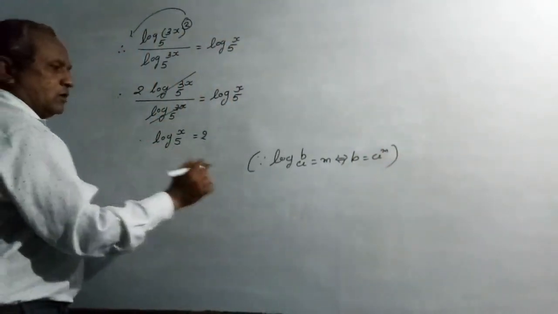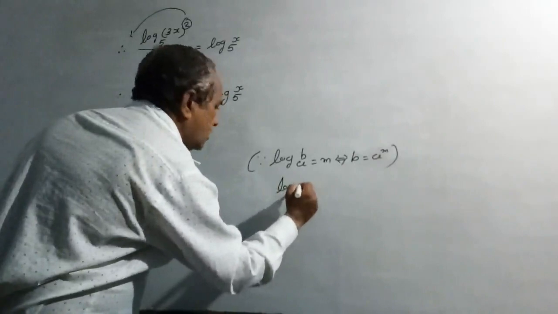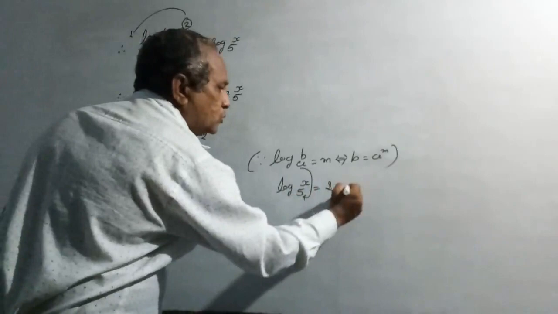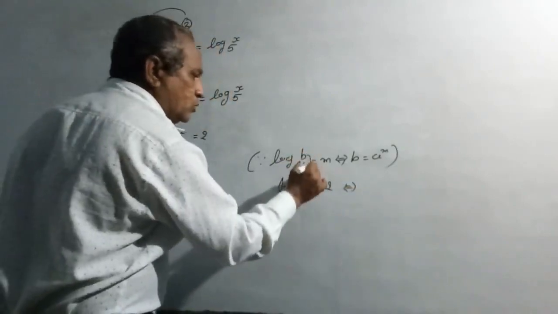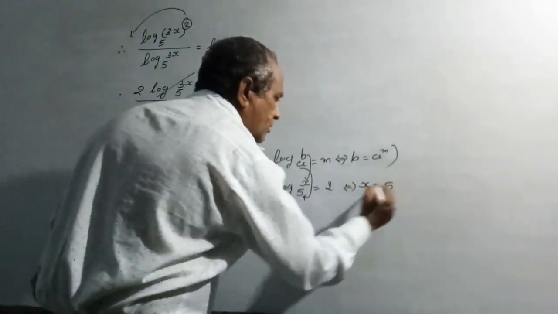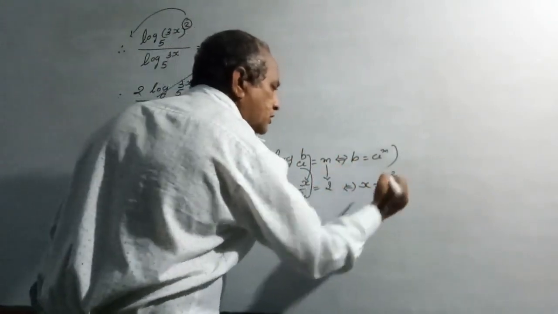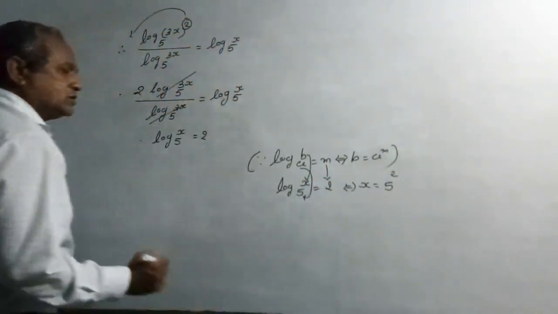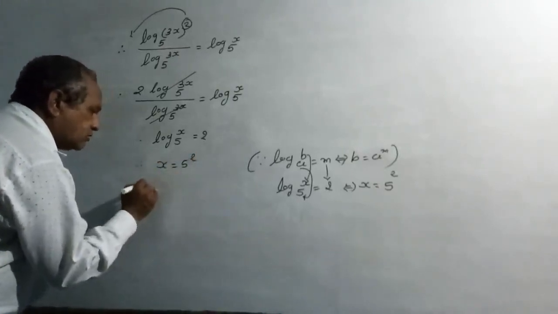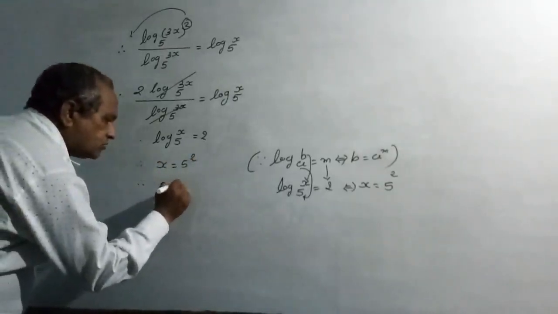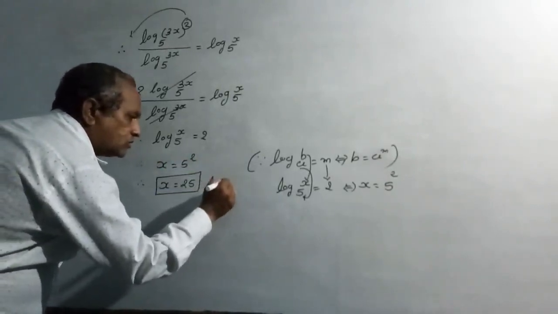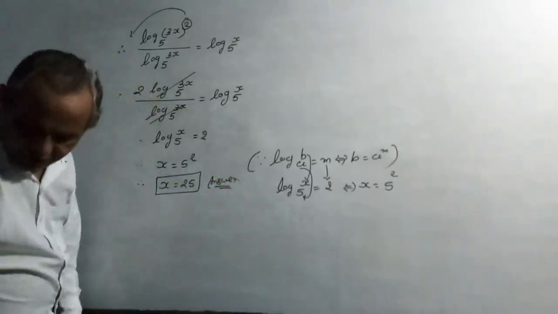Similarly here, log x base 5 is equal to 2, b is equal to x, a is equal to 5 and m is equal to 2, then x is equal to 5 square. Now 5 square is equal to 5 multiplied by 5, then x is equal to 25. Here our answer, x is equal to 25.